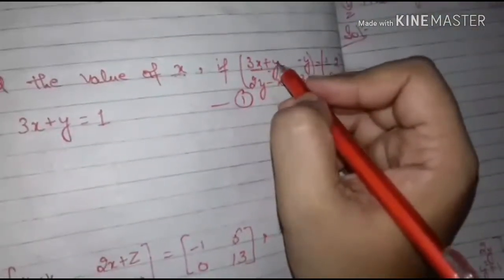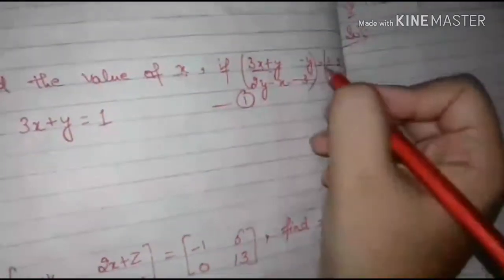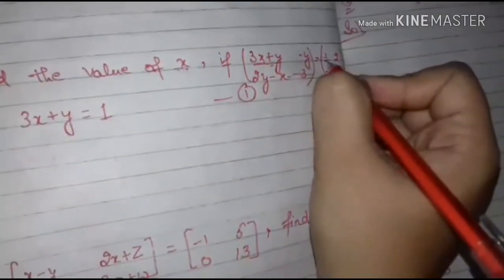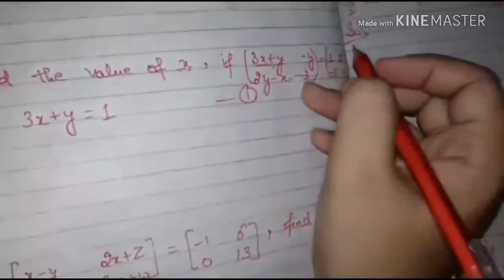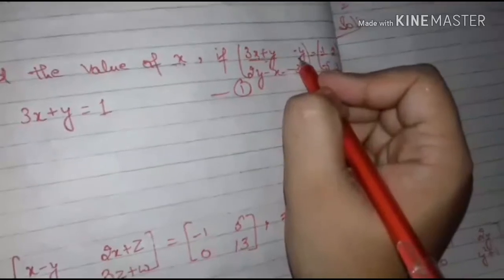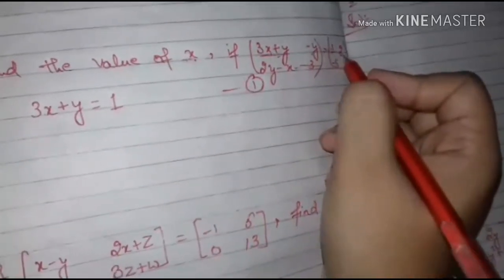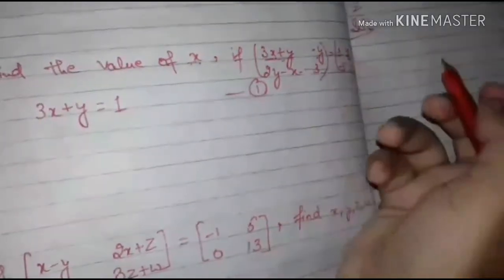The law of equality is the law where each element of the first matrix is always equal to the corresponding element of the other matrix.